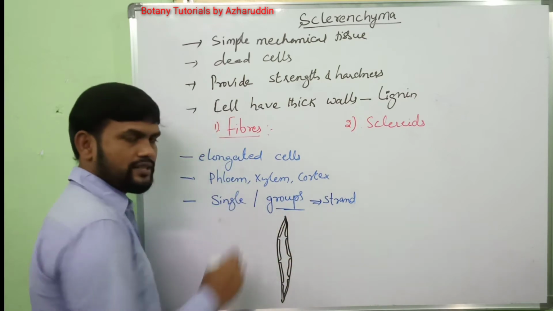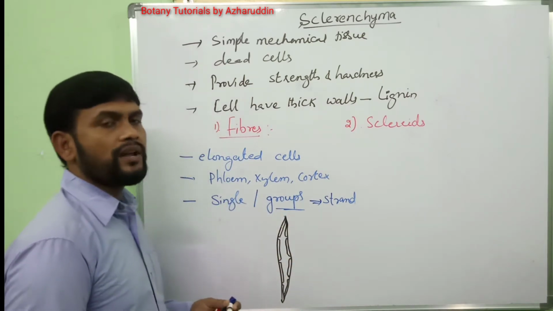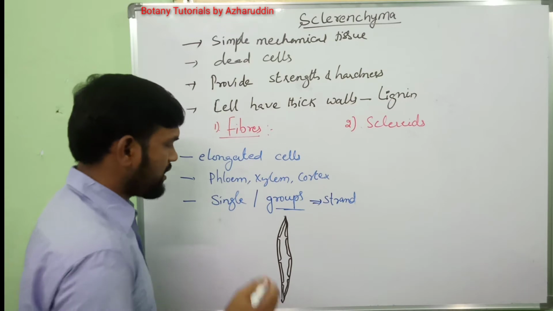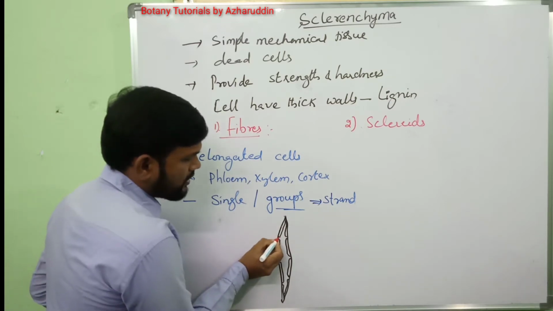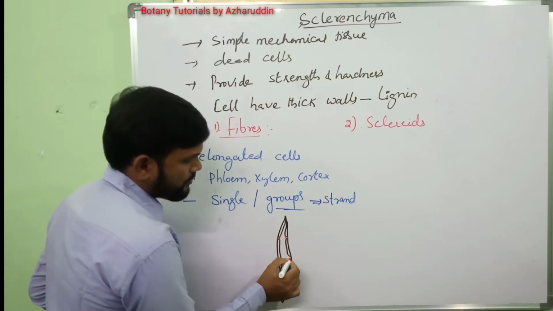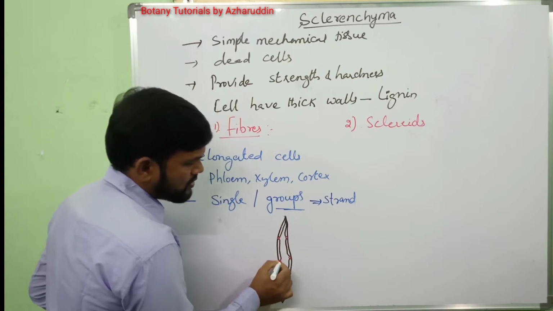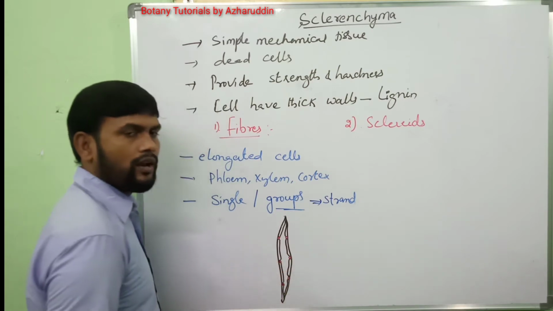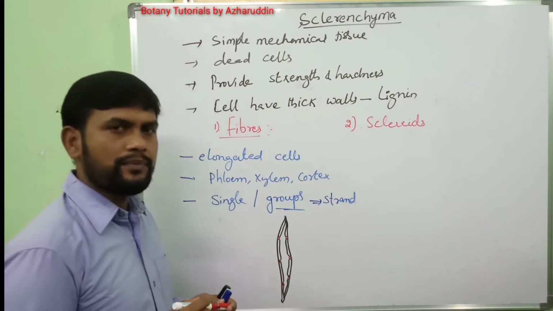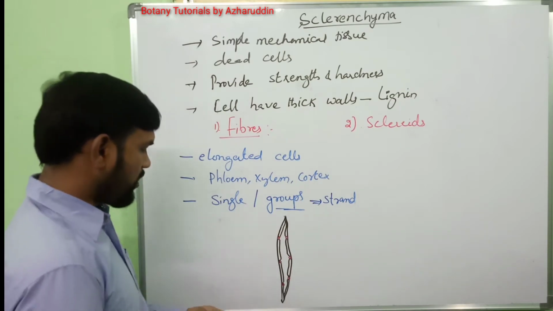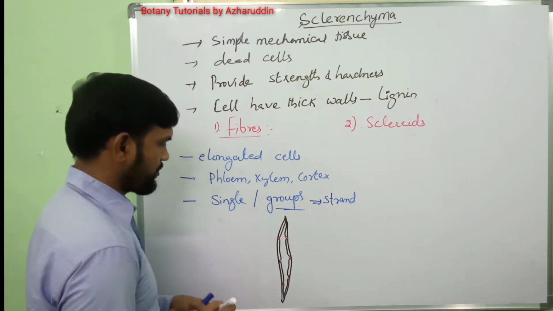Next, these are dead cells, because of that cytoplasm is absent. And in the cell wall, circular pores are present. Cell wall is made up of lignin.